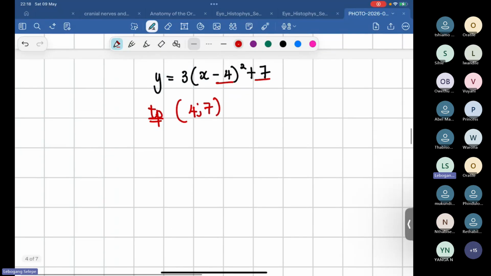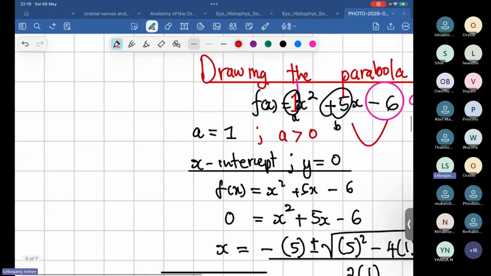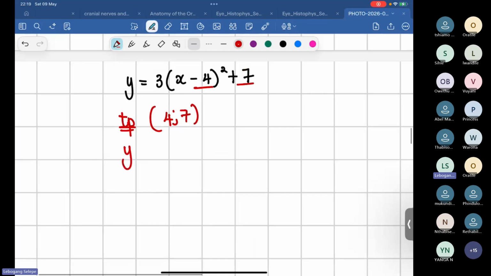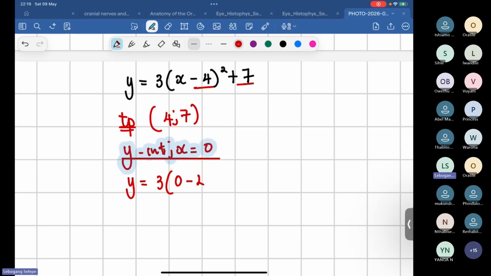And now, can I clearly see my y-intercept here? No, because remember we said you can clearly see a y-intercept only in the equation where it is represented by c. In this one, we need to substitute. We know that for the y-intercept, x must be equal to 0. So y is equal to 3 into, substitute 0, minus 4 squared plus 7.